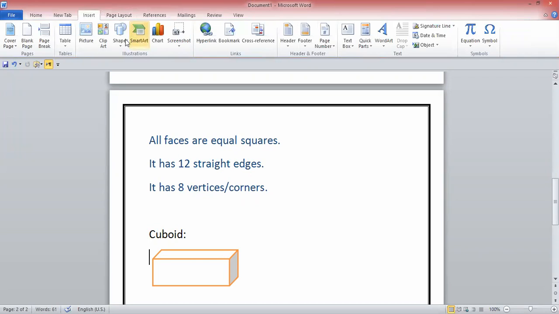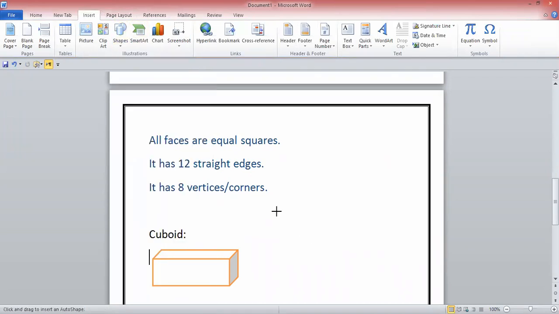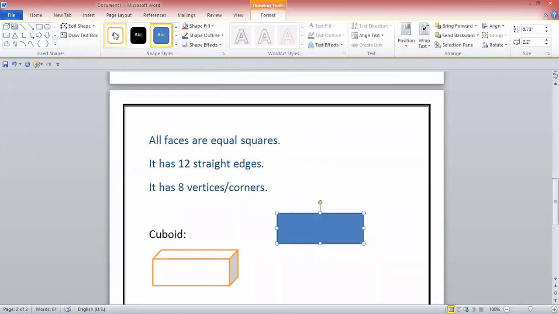Instead of a square, now you will draw a rectangle. Draw one rectangle. From the middle of this rectangle, draw one more rectangle, and then join the lines, and in that way you will be able to draw a cuboid.